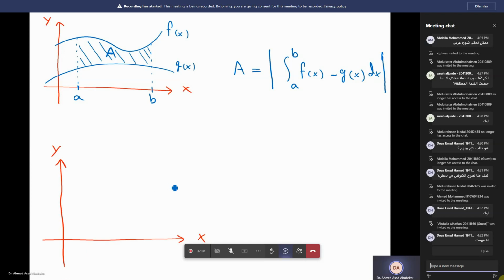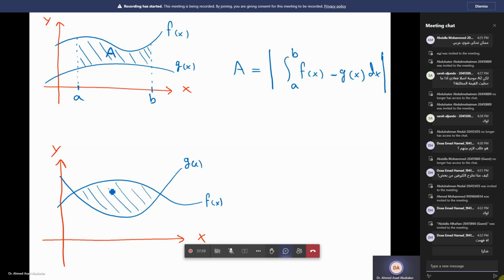We have the function like this and we have g like this. So we have two functions, g of x and f of x, and the closed area between them, this is the area. So how can we determine this one? We need to determine the A and B.